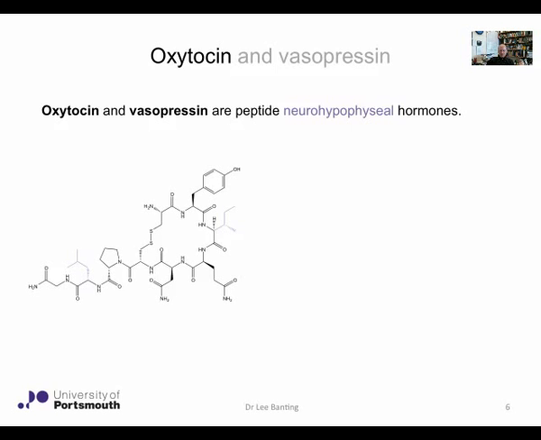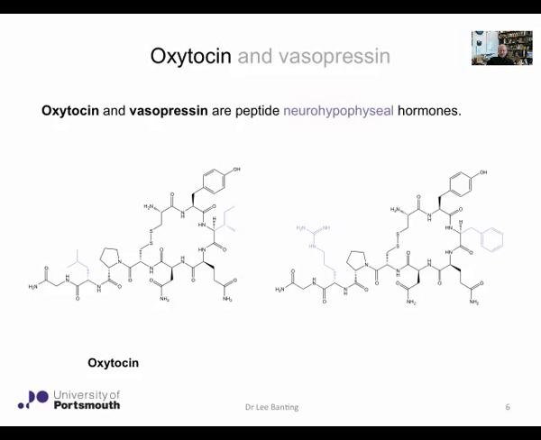Okay, oxytocin and vasopressin are peptide hormones. We mentioned them before. Here's the cyclic structure of oxytocin, and vasopressin is very similar. The differences are that certain residues are changed around the core structure. For instance, here an aliphatic side chain residue is replaced by a phenylalanine residue in vasopressin, which is a fairly conserved substitution.